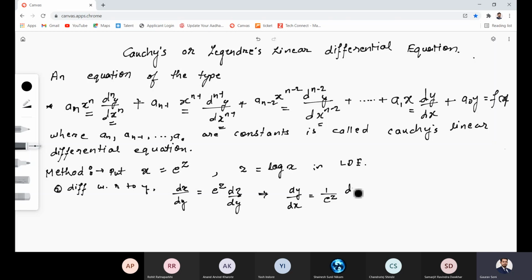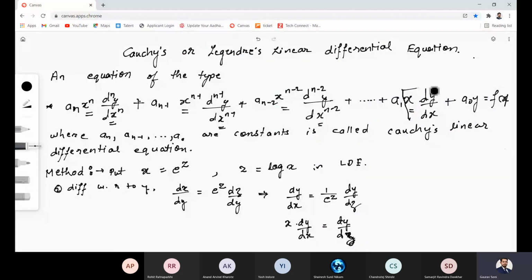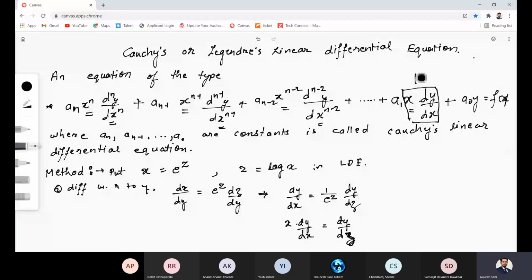So what have we got? x into dy by dx is equal to dy by dz. Is this relation clear to everyone? So look at the linear differential equation. This term will become dy by dz.